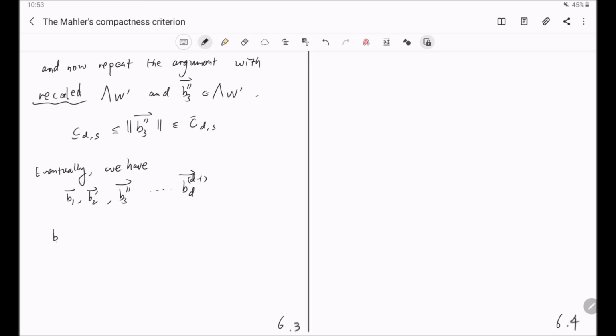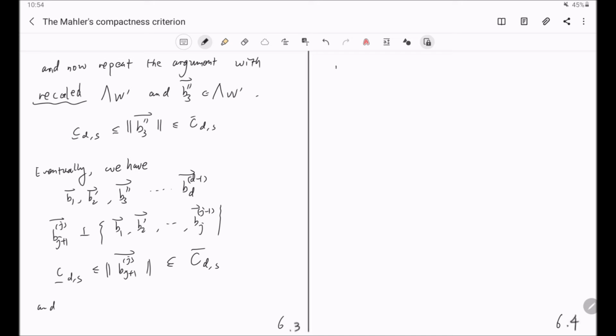And any B sub j plus 1, j many primes, is orthogonal to B1, B2 prime, all the way through Bj, j minus 1 primes. And the norm of this will still be bounded below by some constant that only depends on D and S, and also above by some constant that only depends on D and S.